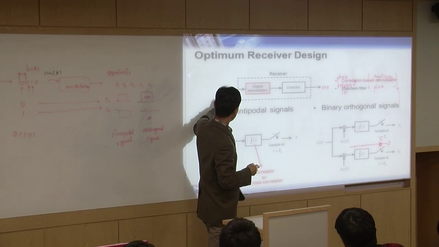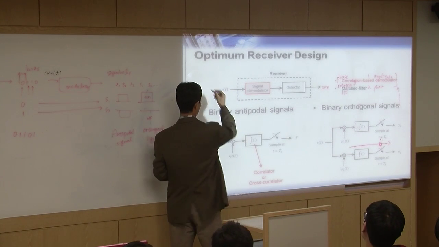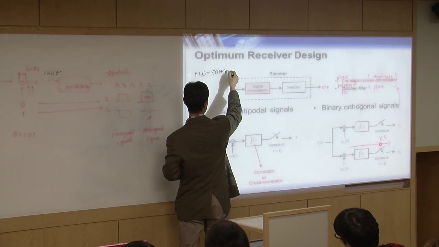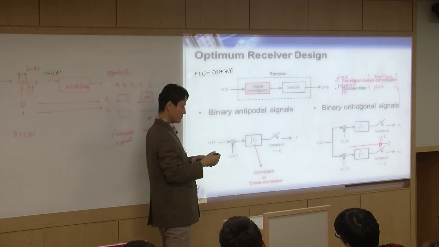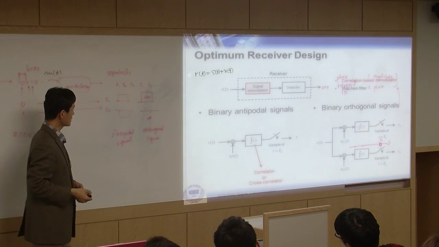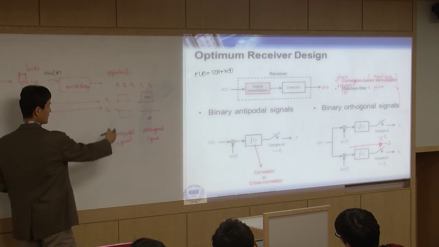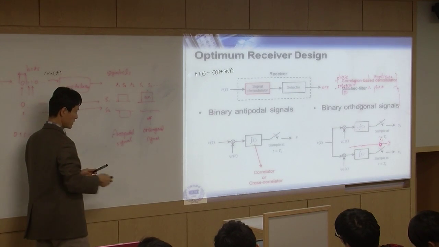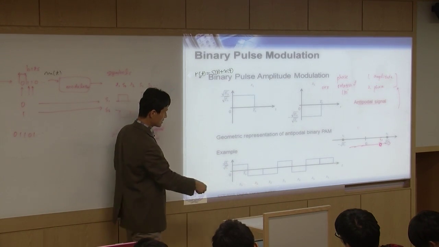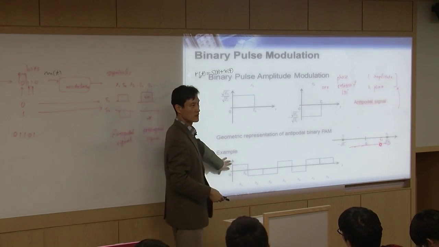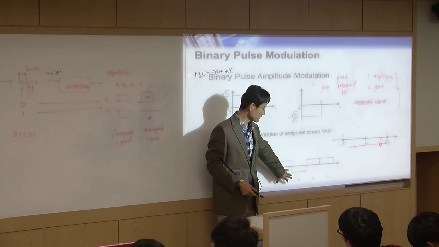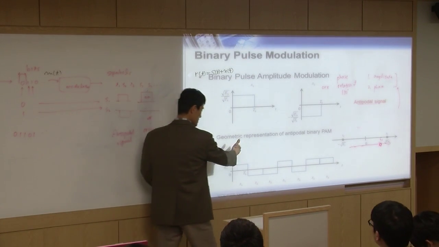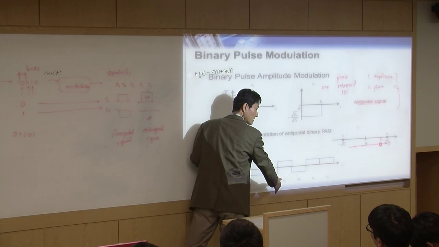When you use this mapping, what is RT? RT is ST plus NT. ST is what is transmitted, and what does ST look like? ST looks like either this one or this one. For example, ST looks something like this. But in every position, every symbol, we are going to make a decision.